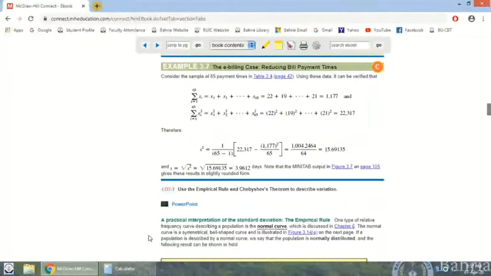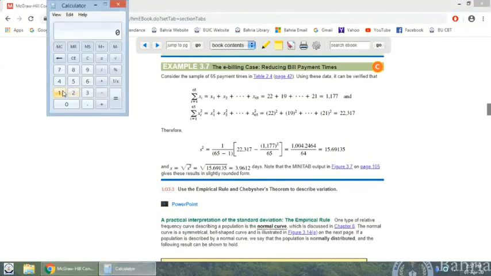Now you can simply see that the whole summation x in this case is 1177, and since we're squaring this value, you get 1385329.